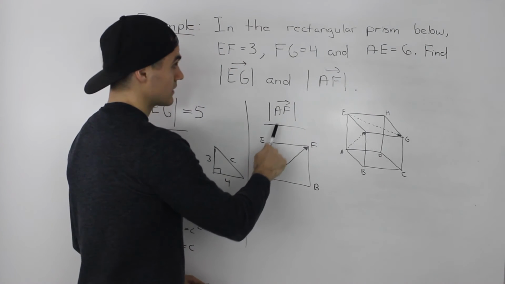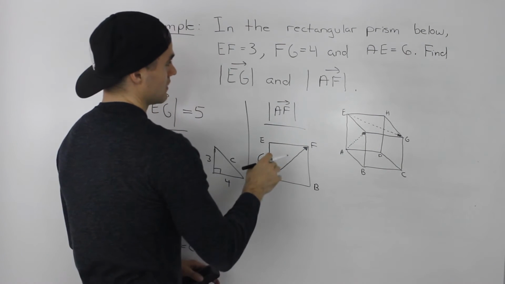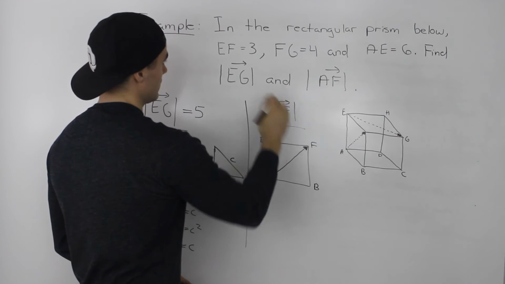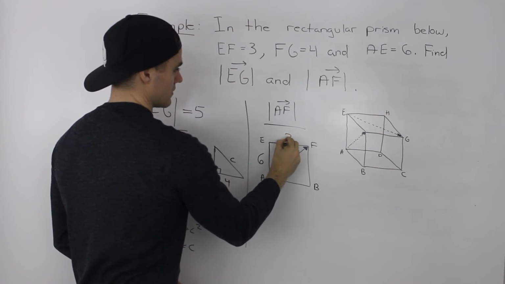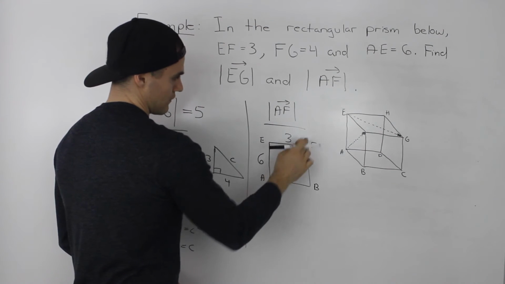Now AE is given as 6, and EF, this length right here, is given as 3. And we want to find out what the length of AF is.